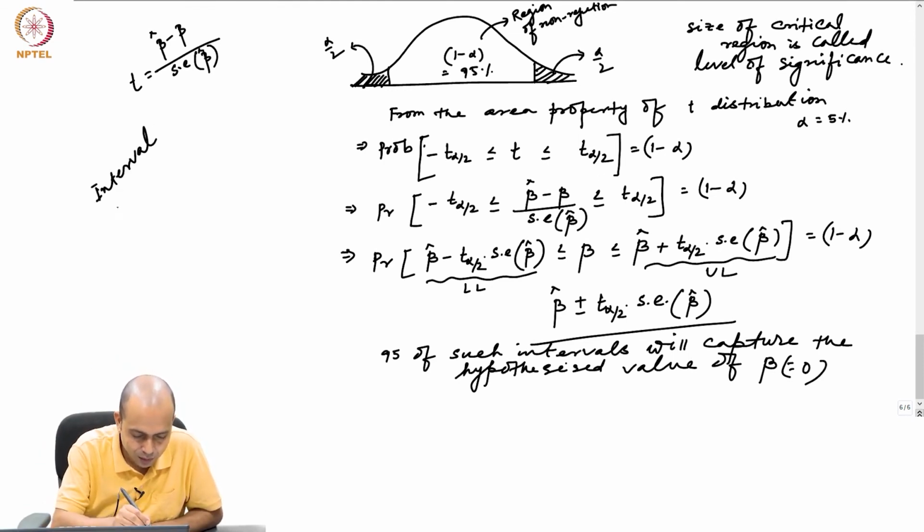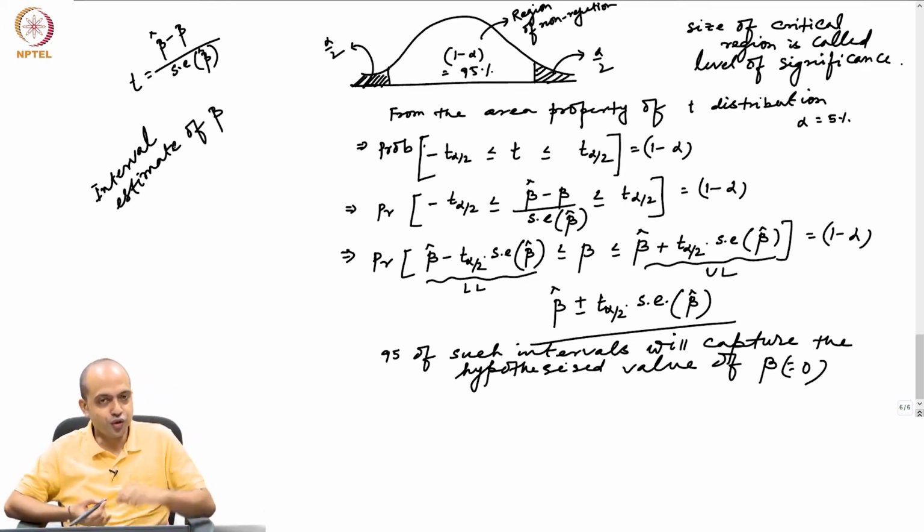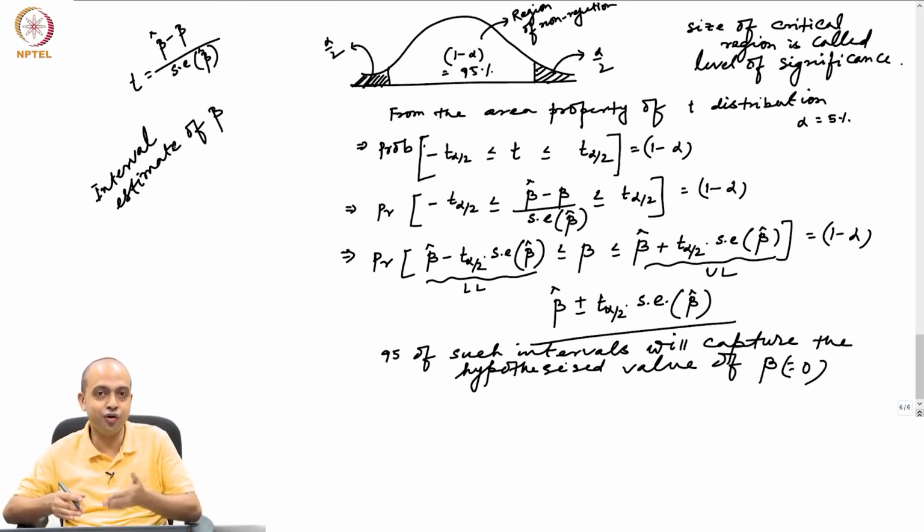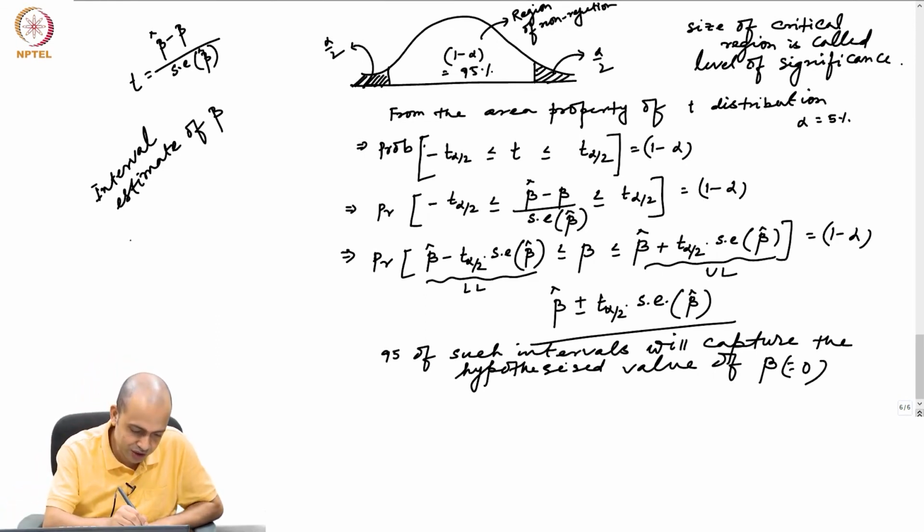Instead of saying beta hat is a point estimate, here I am now giving an alternative estimate of beta, which is called the interval estimate. And how is the interval estimate defined? Beta hat plus or minus T alpha by 2 into standard error of beta hat.